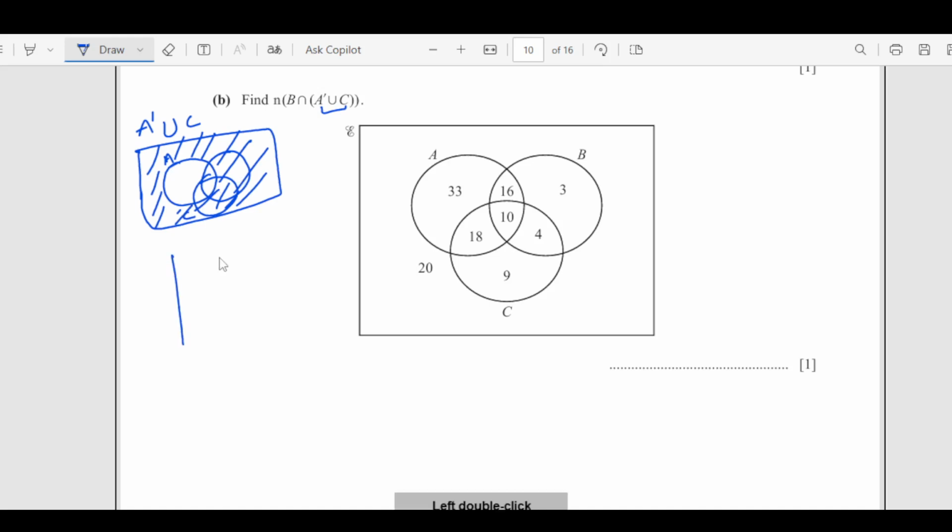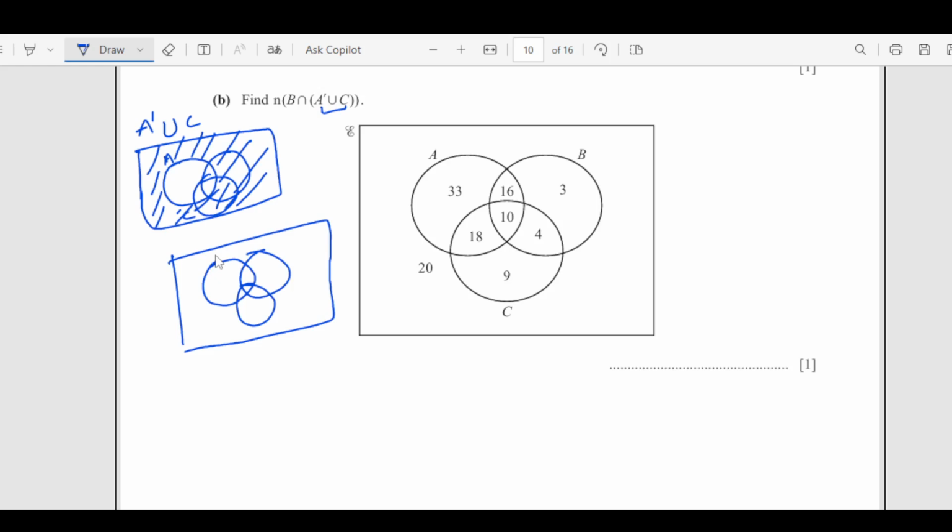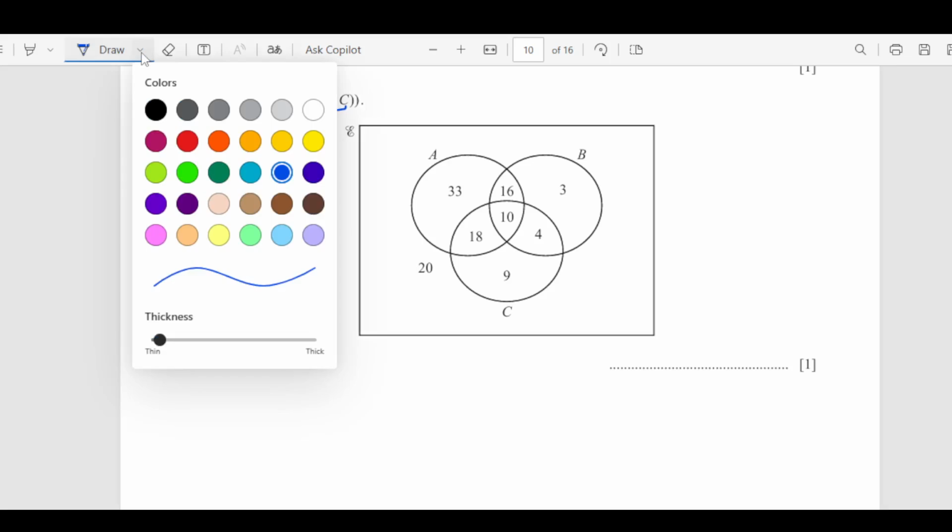Let me draw this again. So this is A complement union C. Then A complement union C, that is the part leaving this part only. Let me change the color.